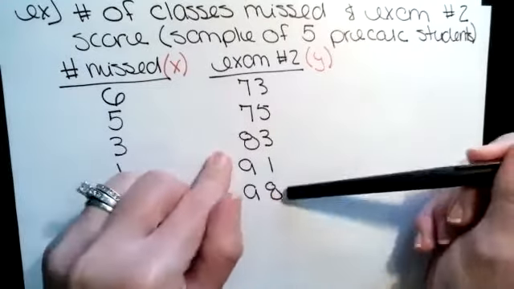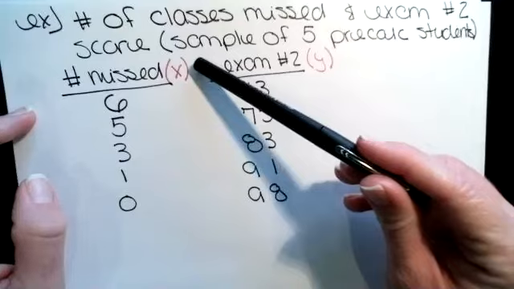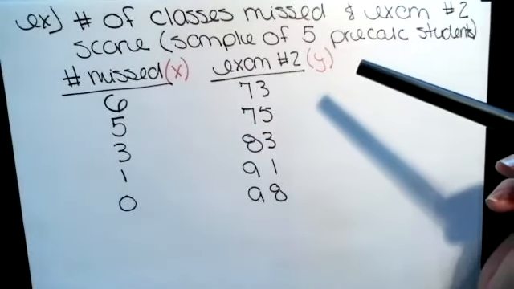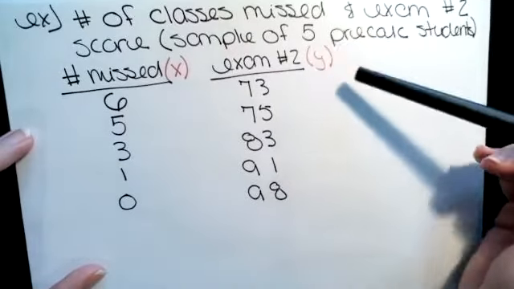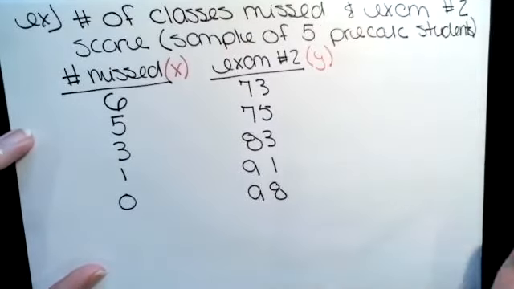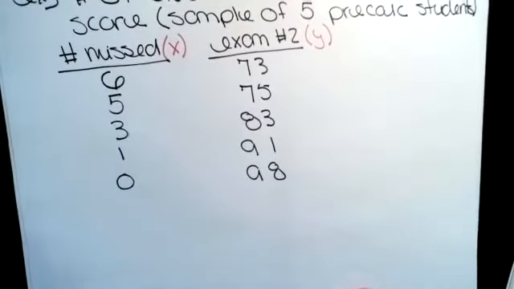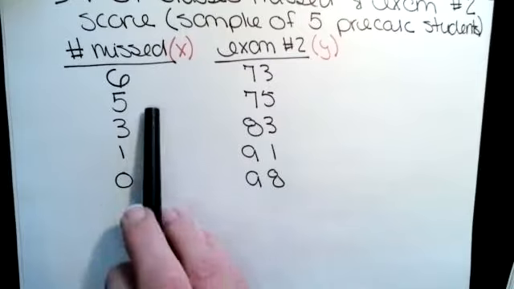Like this could be list 1 and this could be list 2, but all you need to do is label them. So then when you go back into your calculator or into Minitab and you tell either one of them which one's X, which one's Y, you know. Okay, you don't want it to be a guessing game. You don't want to put them in backwards. So my advice is just maybe write it down.